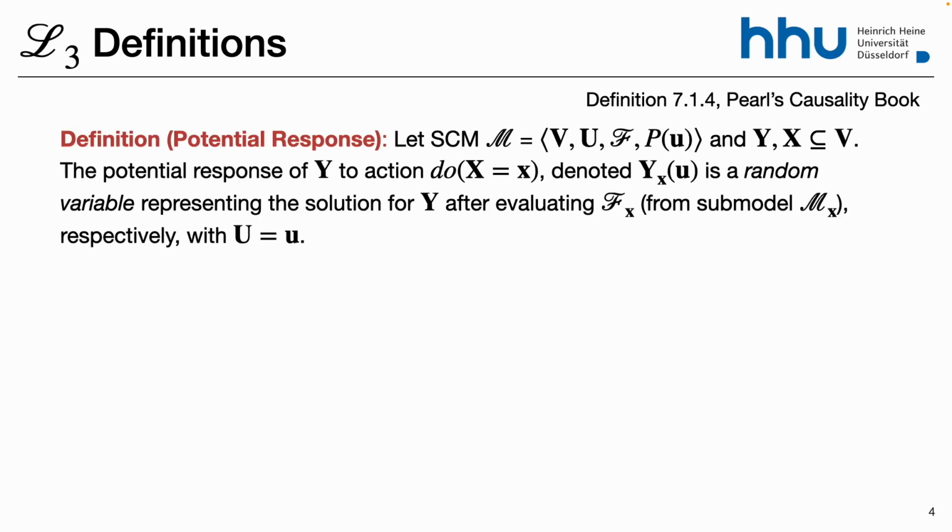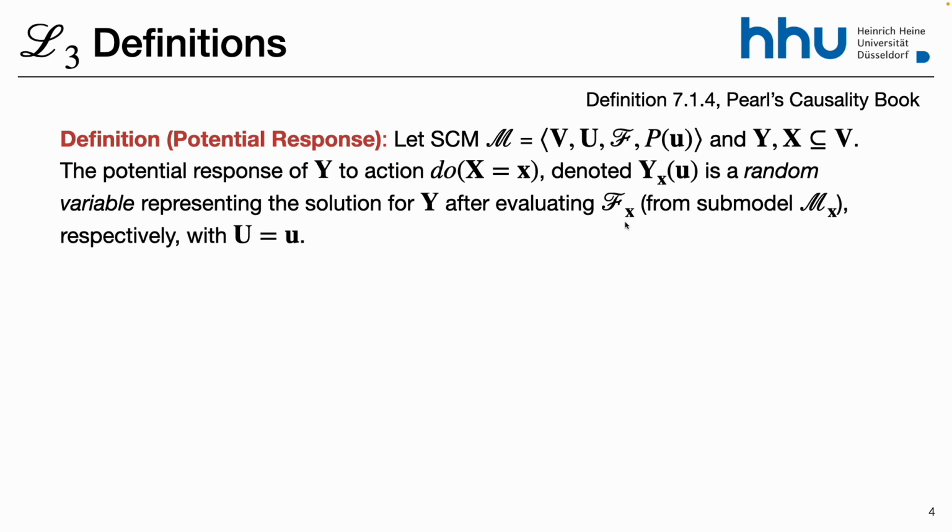And the first definition is potential response. I'm giving you here the references in the book. But the potential response, which is this Y_x here, is basically the solution of Y after evaluating.